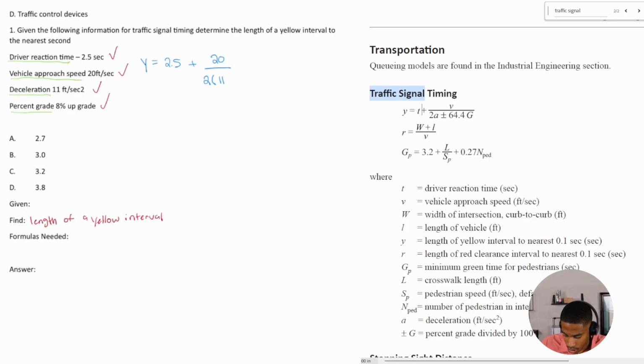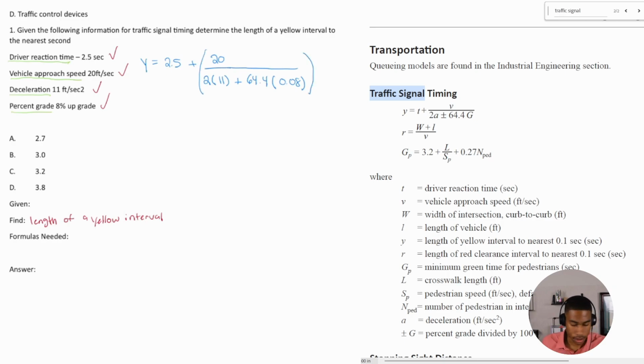And then what else? Plus 64.4 times G, which is our grade. It's key to note that our grade is 8%, but in decimal form, that is 0.08. All over, and this is in parentheses.